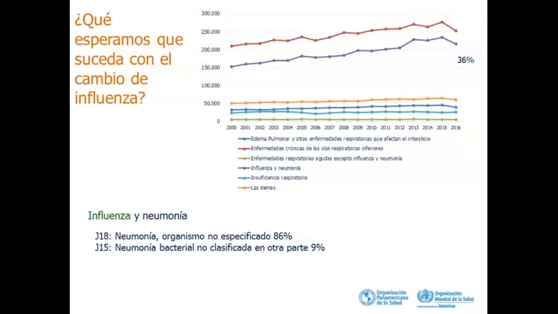And when looking at 2016, the specific composition, if I'm not mistaken, the codes that have changed from chapter number 2, J09, 10, 11, I think 12. Not all. I'm not sure. So when you look at the composition, influenza and pneumonia from J11 to J18, the queen in weight is non-specified organism, approximately 86%.